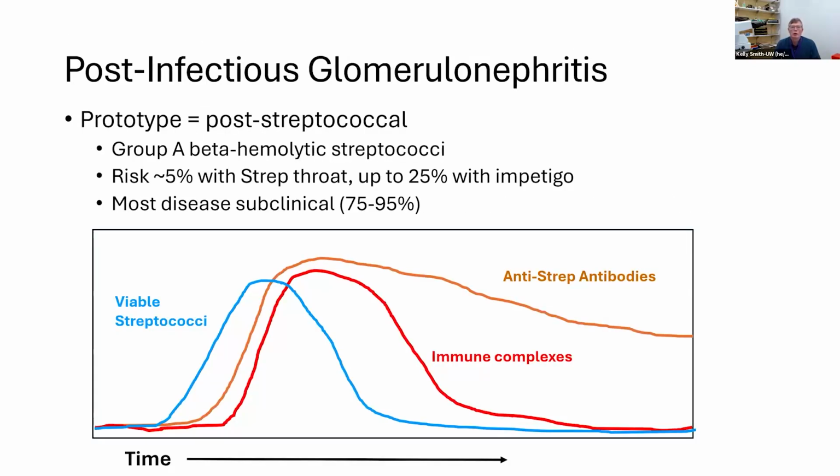One thing to note is that post-infectious glomerulonephritis is really defined by the prototypical cases that we see after a streptococcal infection. These are typically group A beta hemolytic streptococci. The risk can be actually quite high, but most of the cases appear to be subclinical. And one thing to note when you're looking for an infectious source in a case like this is that the biopsy is usually done oftentimes after the infection is cleared.